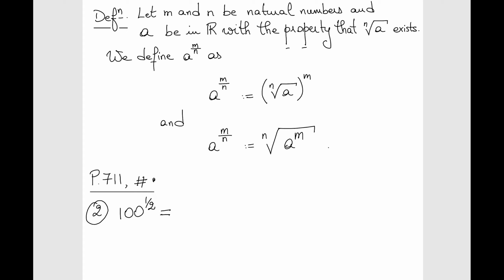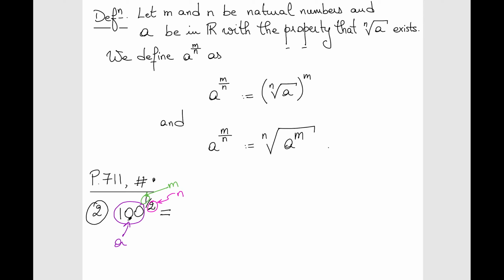Well, clearly a is 100, the base. m is 1 and n is 2. So one more time. This guy is a. This guy 1 is actually m, and the 2 is the n.